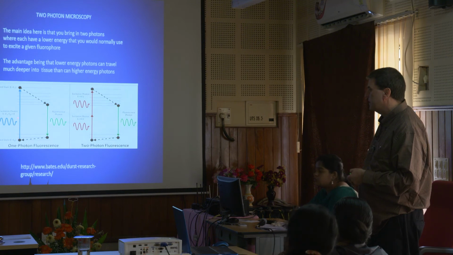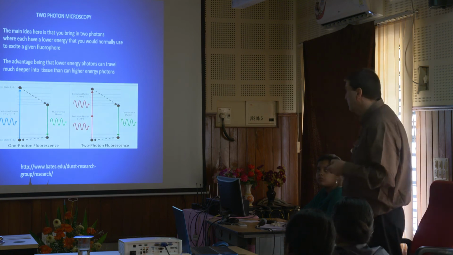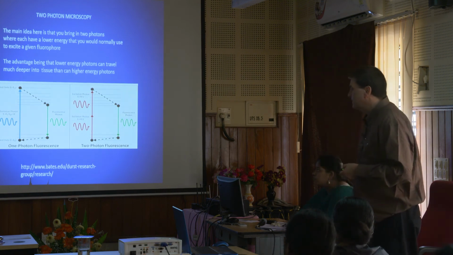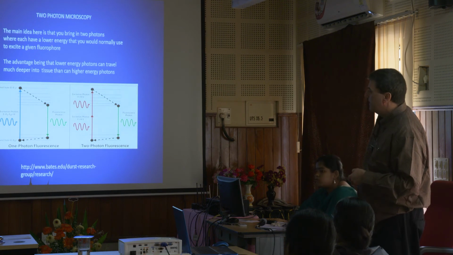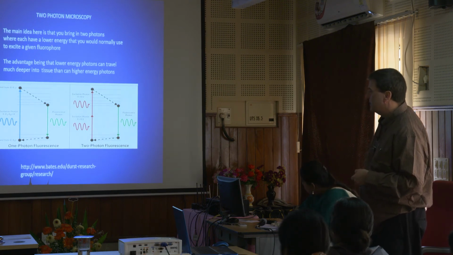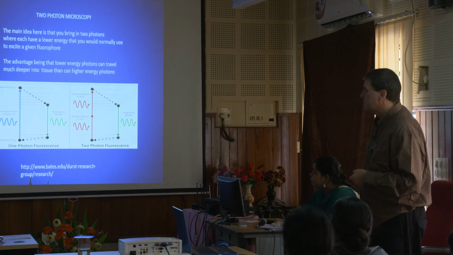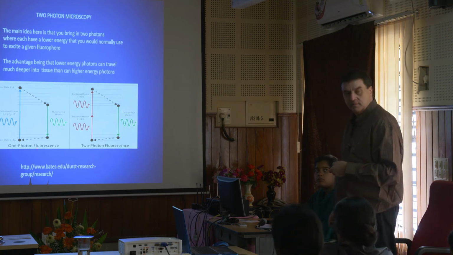But the energy here is pretty high. A blue light has a lot of energy, right? Roy G. Biv, it's down in the Biv part. Okay, so what if instead we used lower wavelength, less energy photons, but instead of using just one of these, we use two of them.